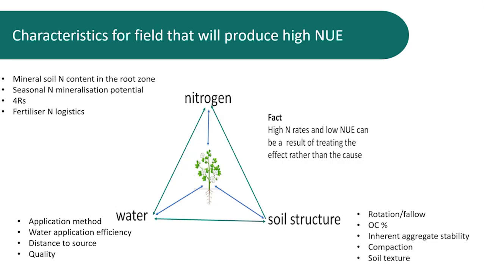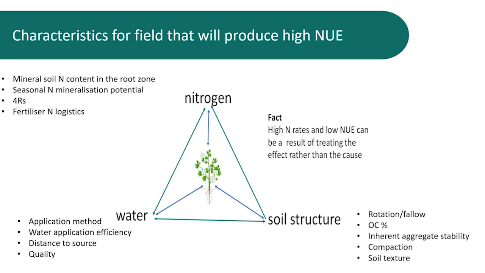So if I've got a good rotation, fallow history, high organic carbon, high aggregate stability, no compaction, and a texture of soil that allows water infiltration, then soil structure is probably optimized. As far as water, the application method, the application efficiency, distance to source, and quality are important.